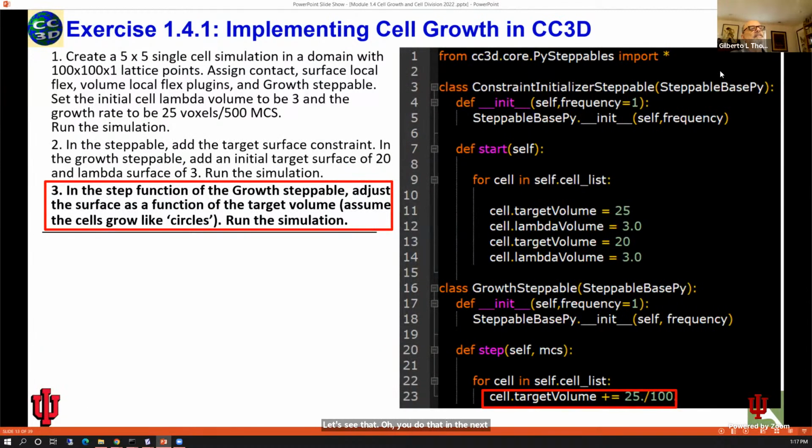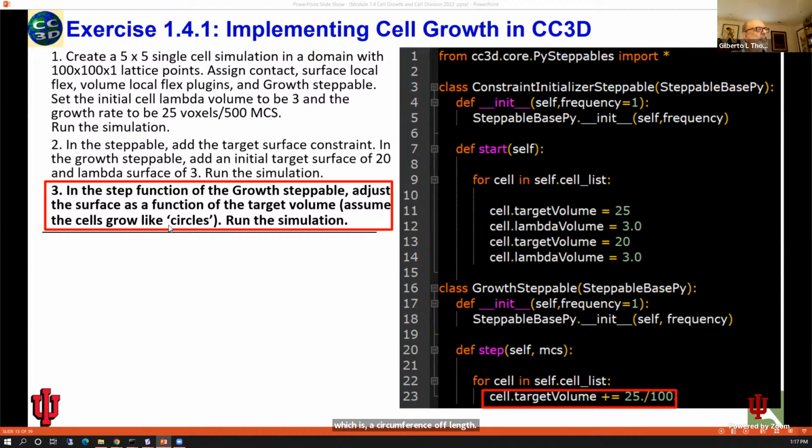So now we assume that the cell must grow like a circle, a disk. Okay, so we have as a surface, which is a perimeter in 2D, the perimeter of the circle, which is a circumference of length 2 pi r.